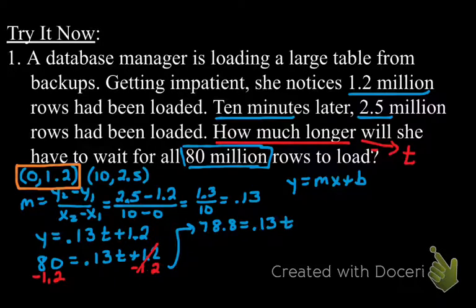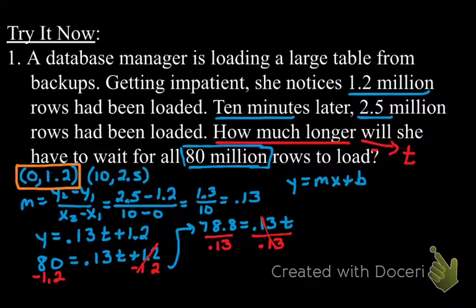Then we need to divide both sides by 0.13 to cancel that out on the right. And let me go ahead and do that division again using a calculator so I don't make a silly mistake. So 78.8 divided by 0.13.